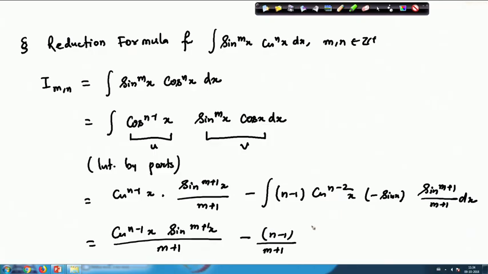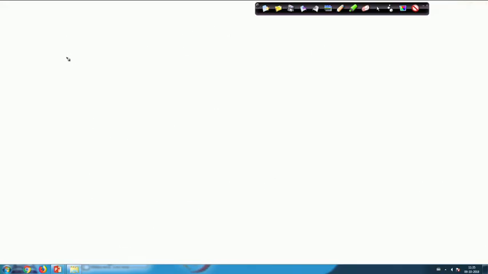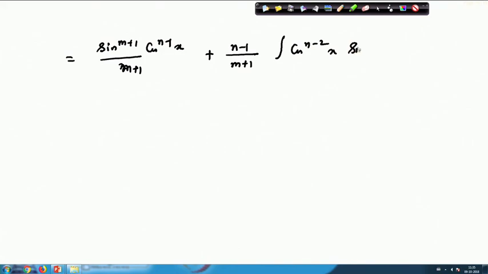Sin m plus 2 x can be written as sin mx times sin square x, and now I can write sin square x as 1 minus cos square x, and then this will become sin m plus 1 x cos n minus 1 x divided by m plus 1, plus n minus 1 divided by m plus 1 times cos n minus 2 x sin mx times 1 minus cos square x.